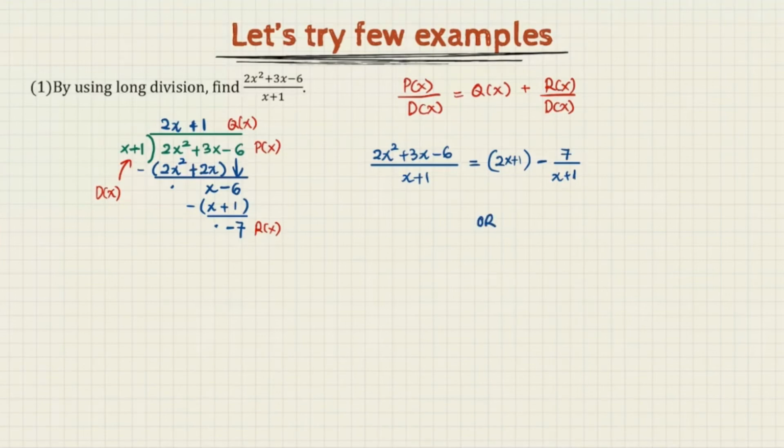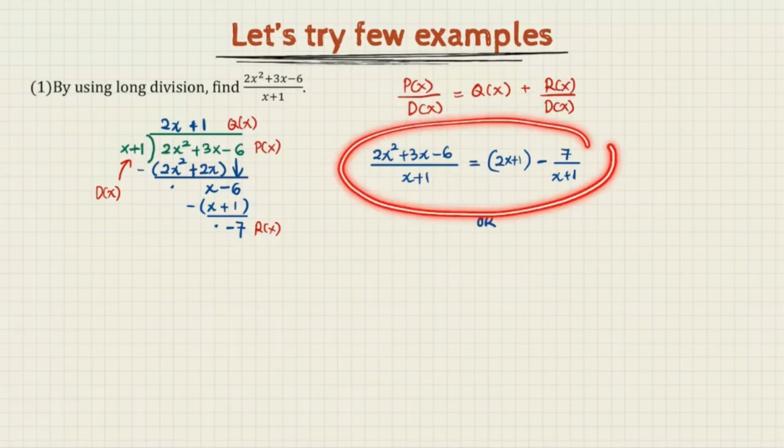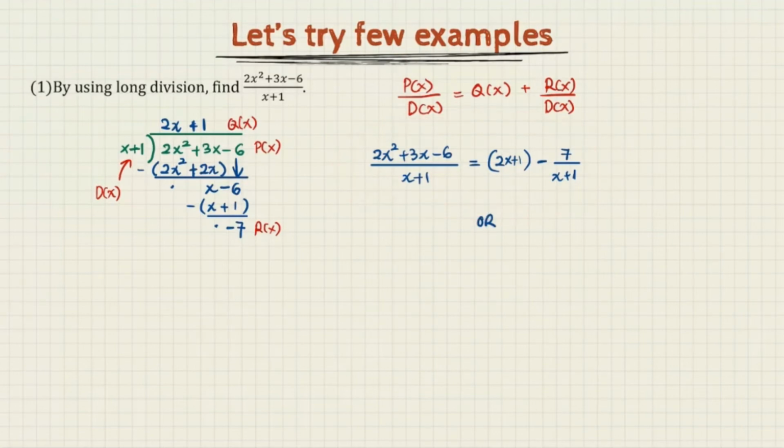Or the second way of writing, we multiply the whole function by x plus 1. So we have 2x square plus 3x minus 6 equals 2x plus 1 times by x plus 1 minus 7.